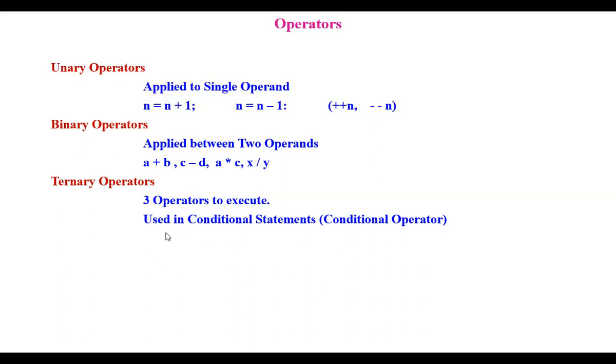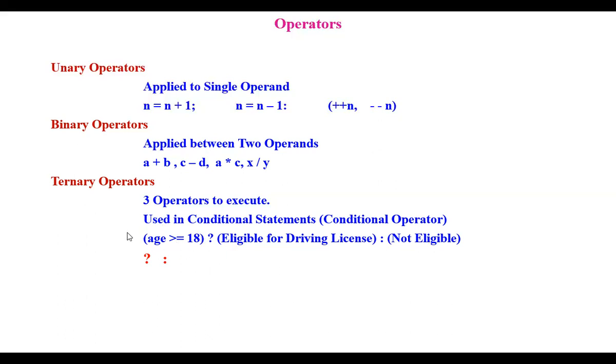It is used in conditional statements like: if it is raining, you carry an umbrella; if it is not raining, you don't need an umbrella. If your age is 18 years, you are eligible for a driving license. If you are not 18 years, then something else should happen, that is not eligible. So we are using this question mark symbol and a colon.